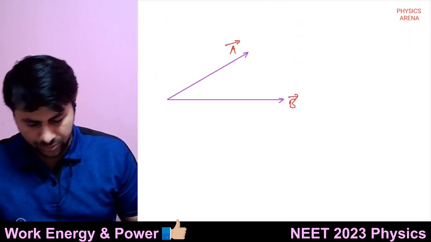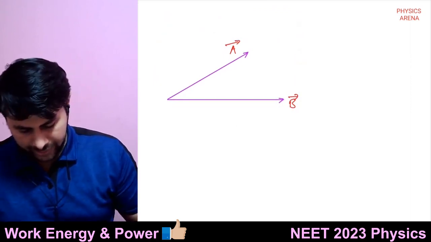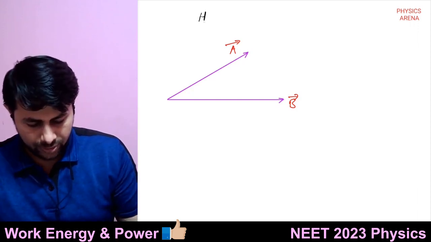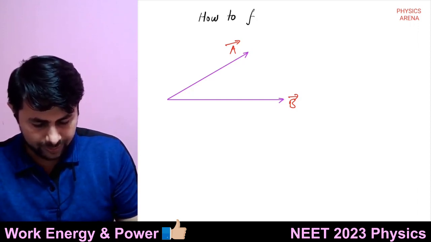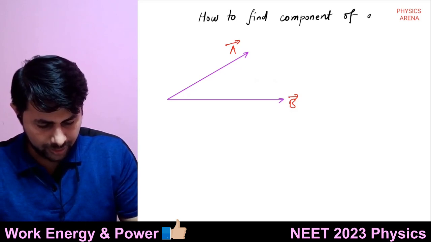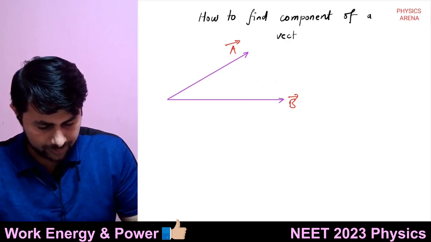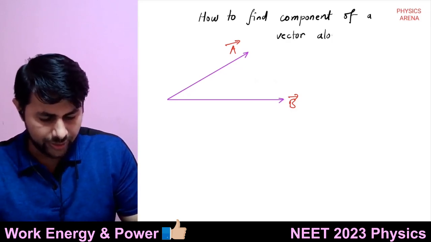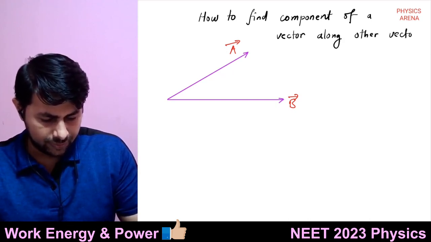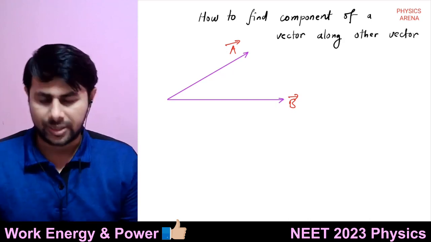Now I want to find out the component of a bar along b bar. So how to find the component of a vector along another vector, or in any direction we can say.